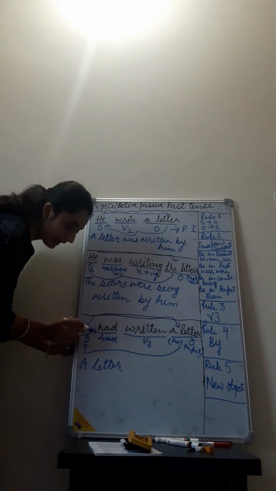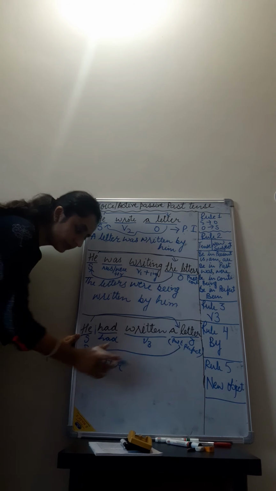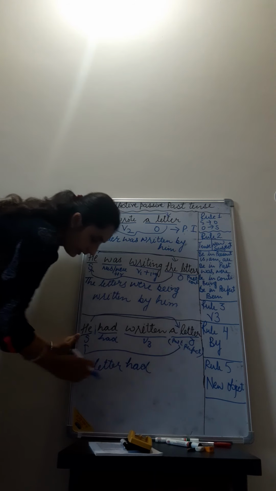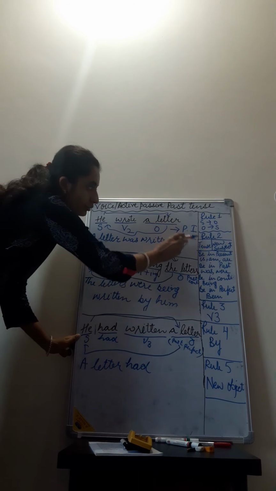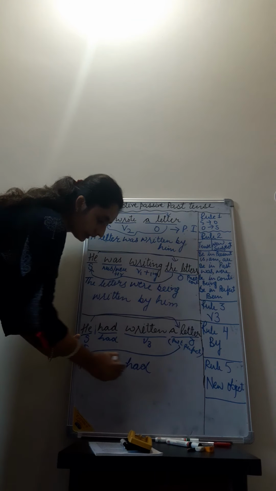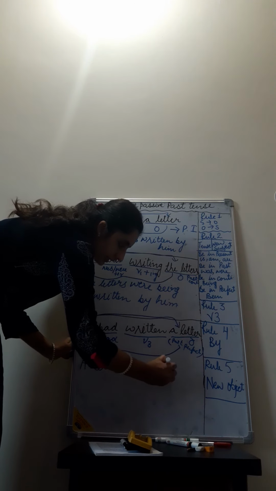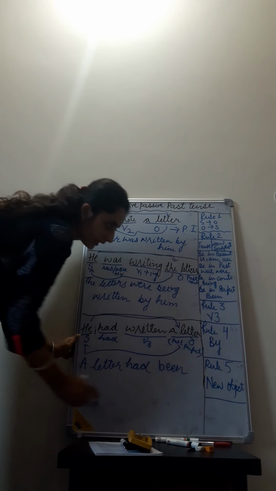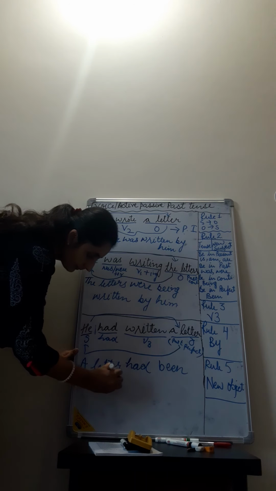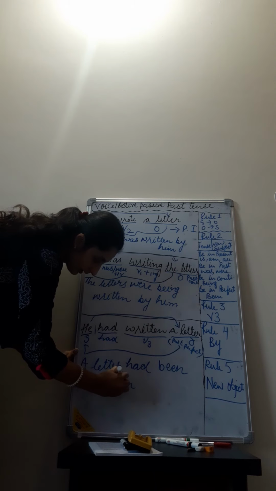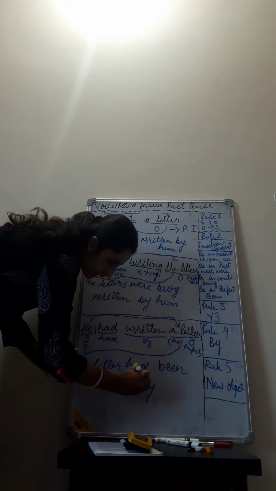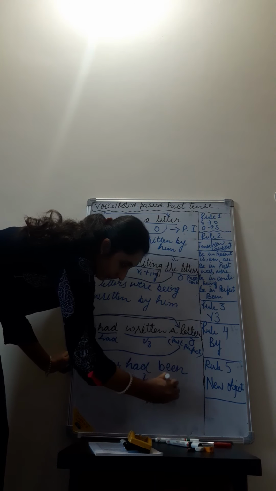Here we have had, and in past perfect we also add had. A letter. Then we need to choose the be form. In perfect we use been. A letter had been. Then verb's third form, written. Then by. Then him.